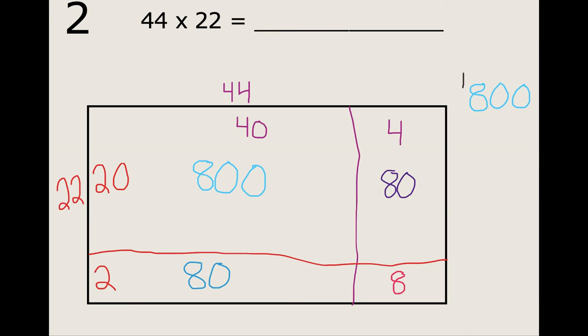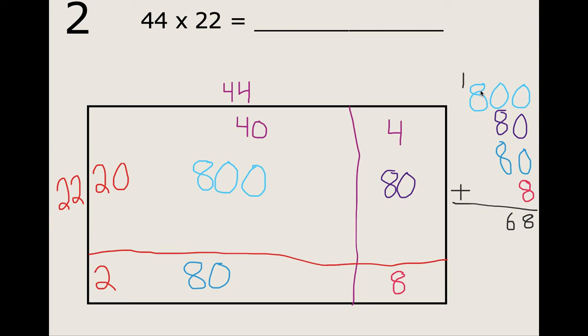So I have 800, 80, 80, and 8. Okay, so 0 plus 0 plus 0 plus 8 is 8, and 8 plus 8 is 16, so I put my 6 down here and my 1 is up here.